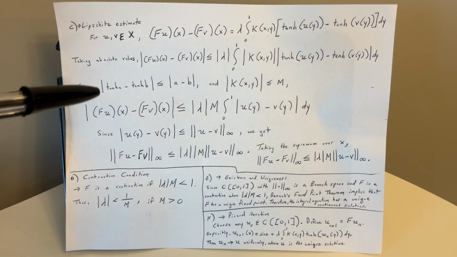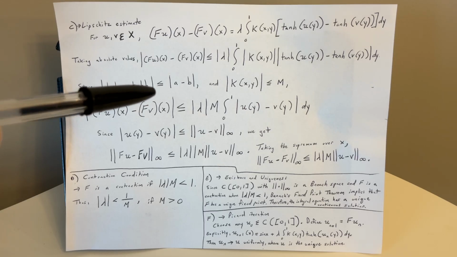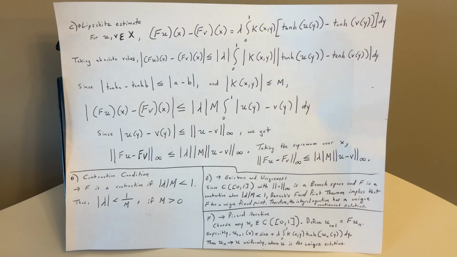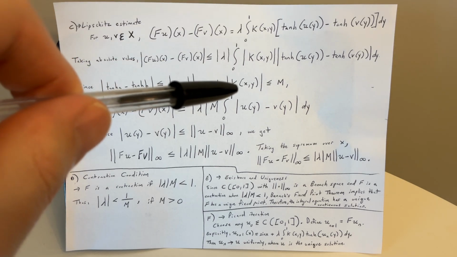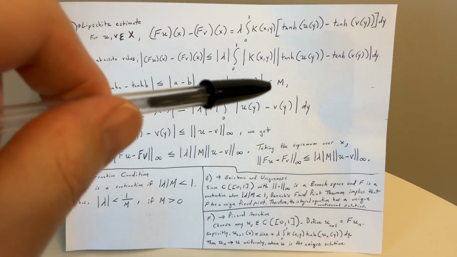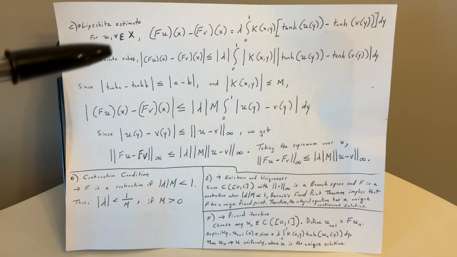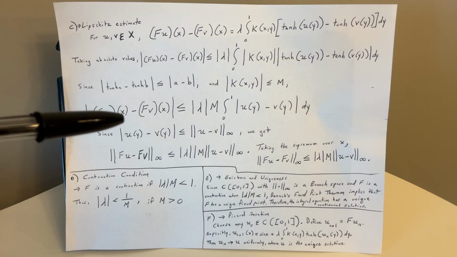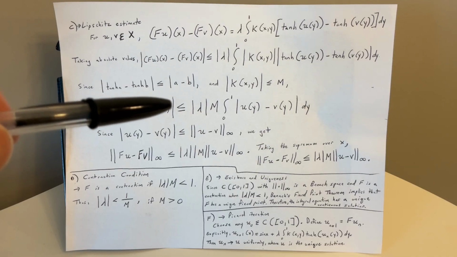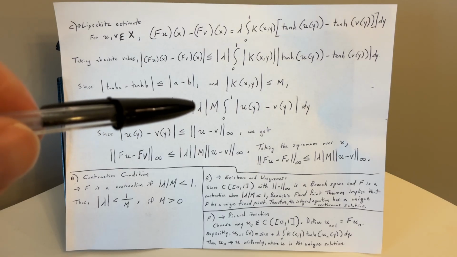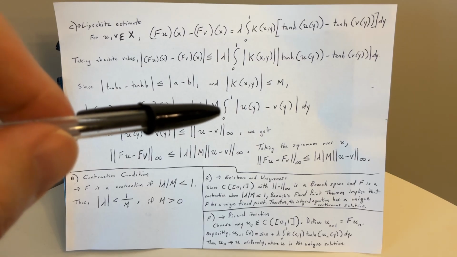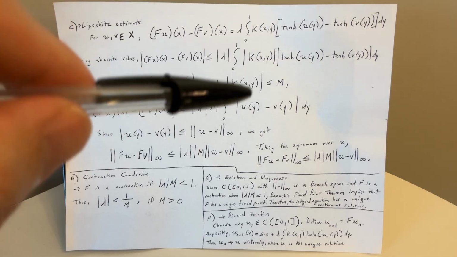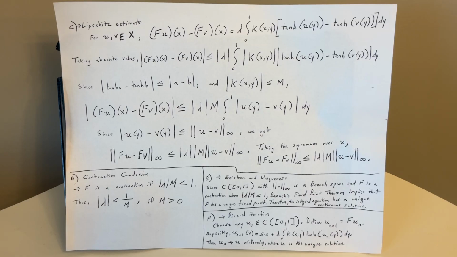And since the absolute value of hyperbolic tan A minus hyperbolic tan B is less than or equal to the absolute value of A minus B, and the absolute value of k of x, y is less than or equal to M, we can say the absolute value of F u of x minus F v of x is less than or equal to the absolute value of lambda times M, integrated from 0 to 1 of the absolute value of u of y minus v of y dy.